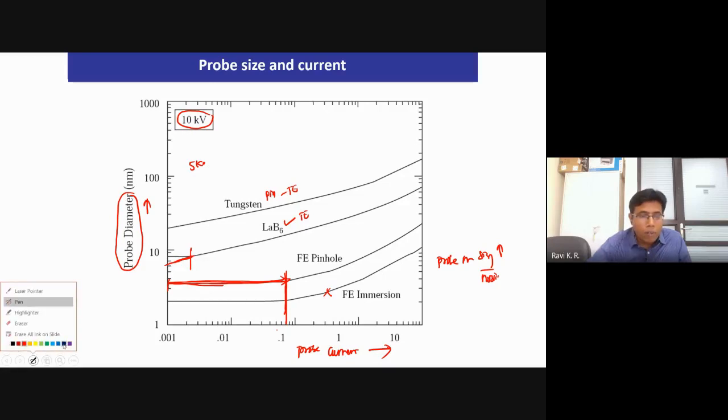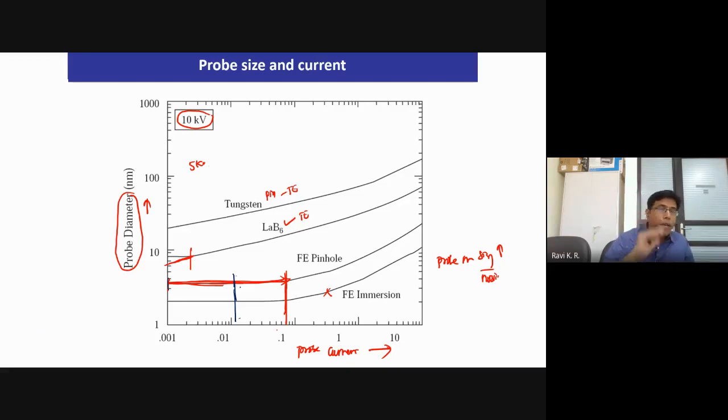If you have 5 kV, this region may come down, but still you have a range to work where you can change the probe current without increasing the probe diameter. These are some of the important aspects of controlling the experimental parameters in the scanning electron microscope to get the best possible image. A few more are there.